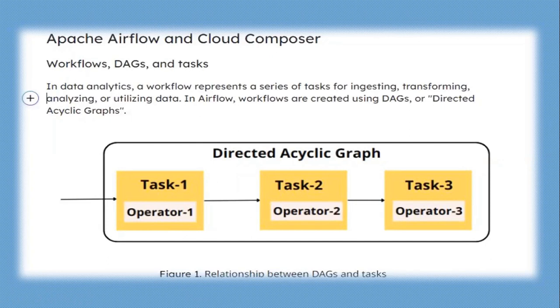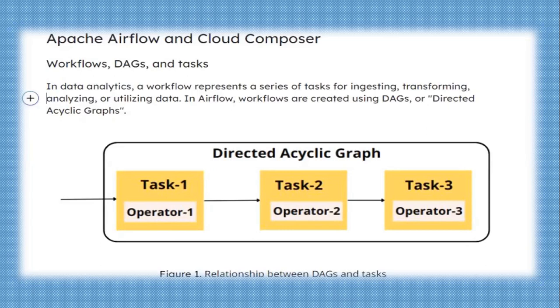A workflow represents a series of tasks for ingesting the data, transforming the data, or analyzing the data. So in Airflow, workflows are created using DAGs, or directed acyclic graphs. So here is the working model. That means there is no cyclic kind of stuff in this slide. You can take a look.